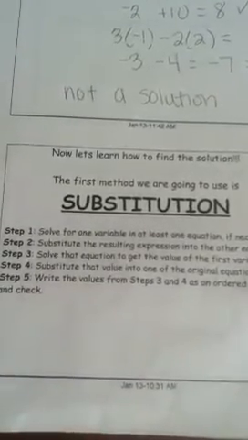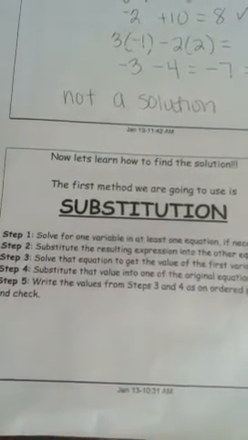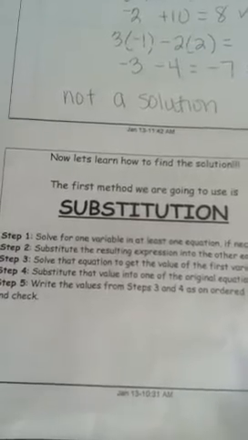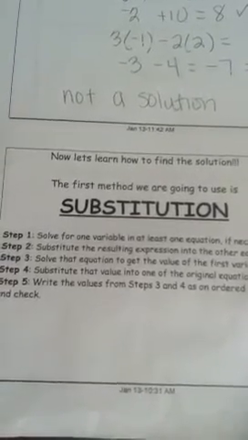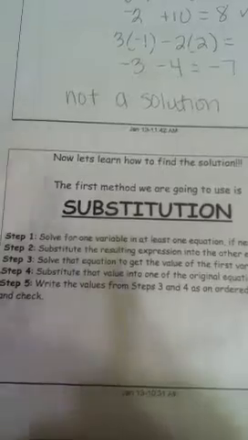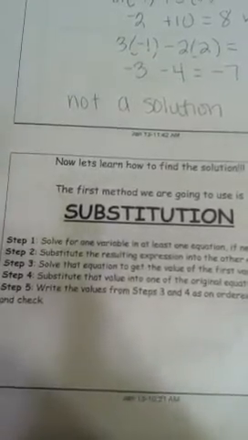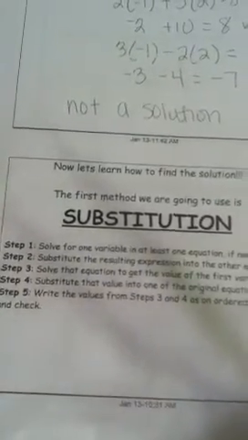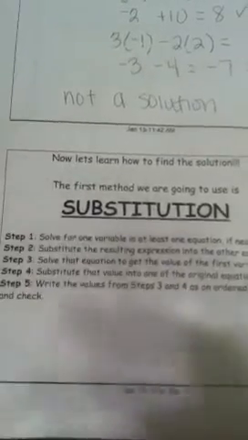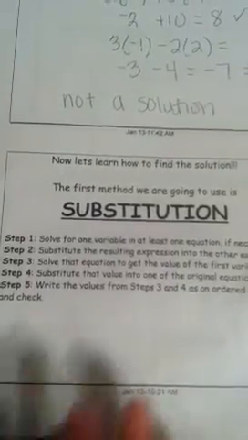Step 3 is solve that equation. You'll have one variable left that you've solved for. The fourth step is to substitute that number back in for the variable in the other equation. It's much easier to follow if we do an example.